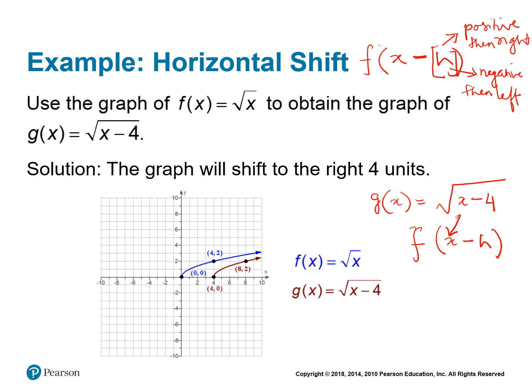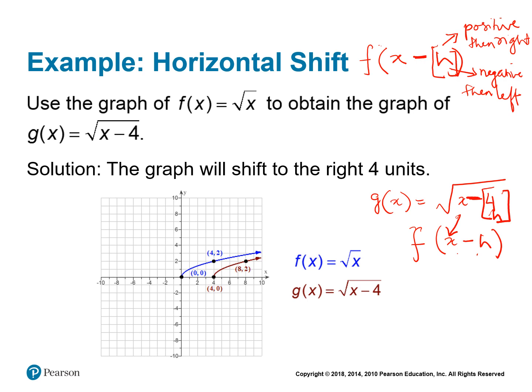And then what is h? This part is h. H represents this part. So h is positive 4. You have to exclude the minus because the original form of the horizontal transformation is x minus h.